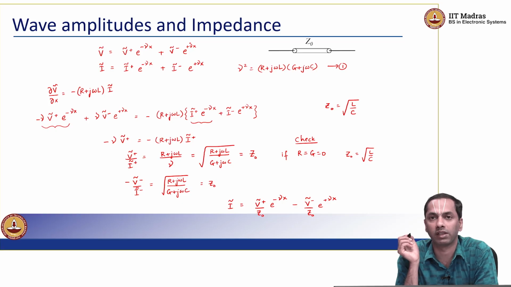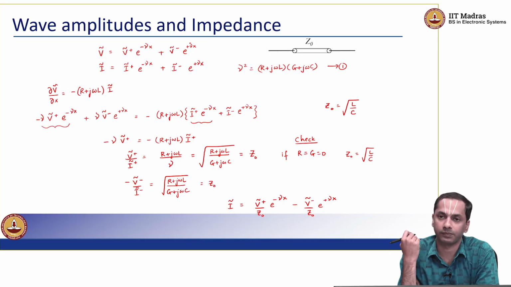So in essence, we basically have V plus and V minus. Those are the two independent phasors that can only be determined based on the boundary conditions. What is the source? What is the amplitude of the sinusoidally fluctuating voltage source? What are the transmission line characteristics? What are the impedances? Those will essentially determine what V plus and V minus are going to be, right?